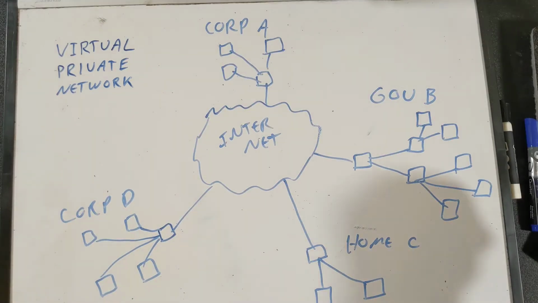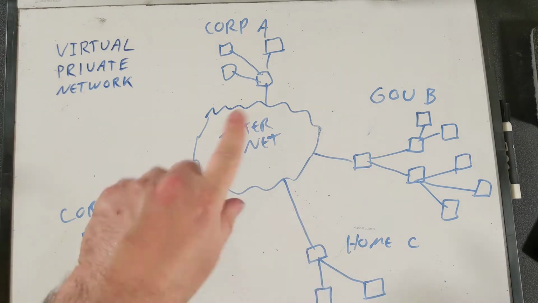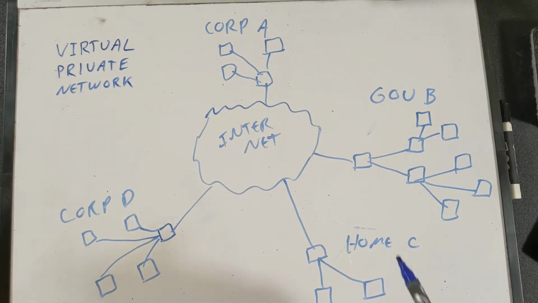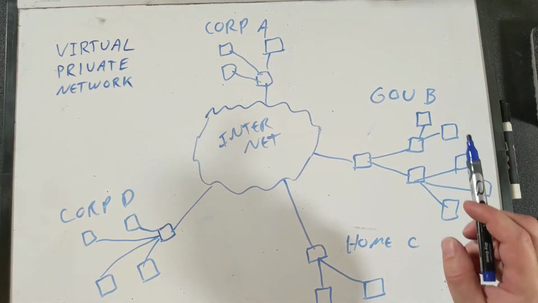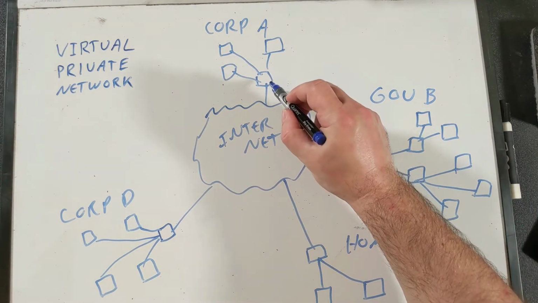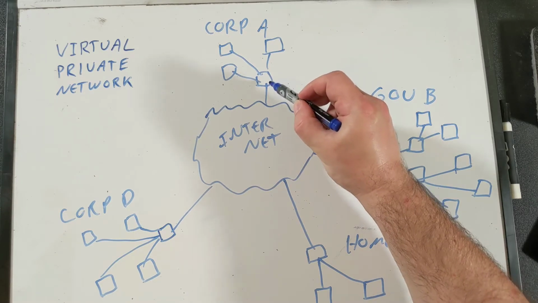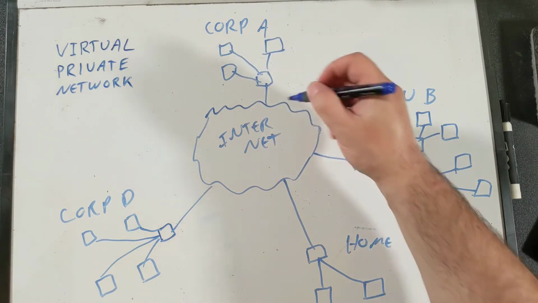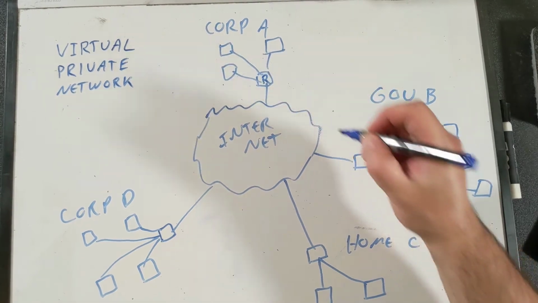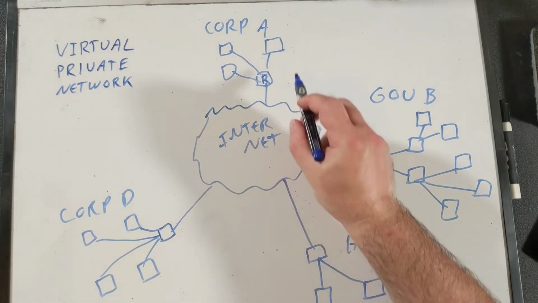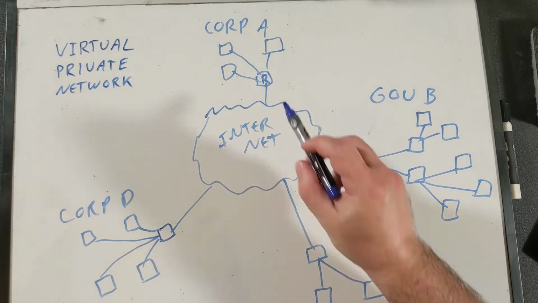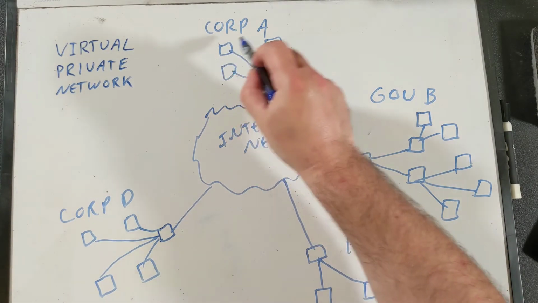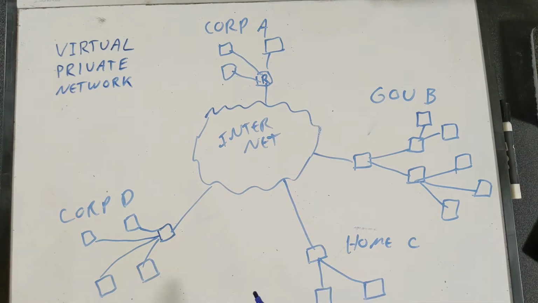Now, the most common way that these networks are set up connected to the internet is the way I have it drawn for most of these groups here. For example, Corporation A up here, I'm showing 4 machines, but one of the machines is sort of on the edge between the internet and the other computers here. And we're going to go ahead and call that a router. And so when messages come from the internet to Corp A's network, those messages are going to go through the router before they get to any other machines on that network.